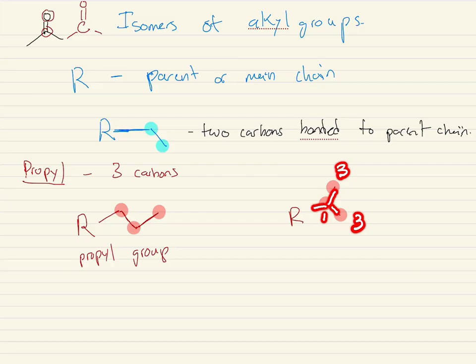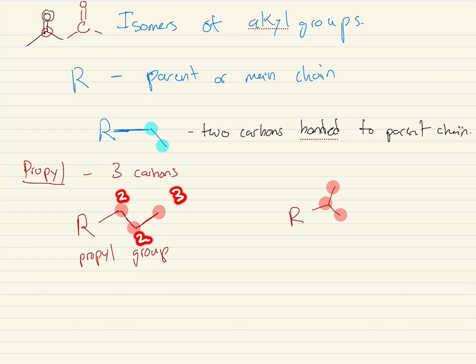So how many total hydrogens here? 7. The other propyl group on the left here, how many hydrogens are bonded to this carbon? 2, right? Because there's 1 bond here, 1 bond there, which means that there needs to be 2 hydrogens there. So this has 2, this one has 2, and how many does the last one have? 3, because at the terminal edges, you always have 3 hydrogens if there's no double or triple bonds.